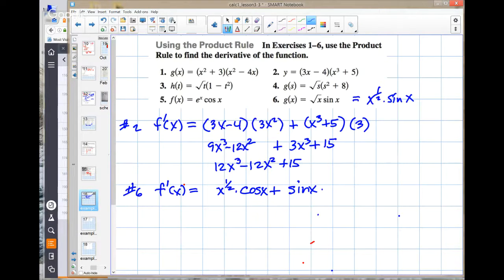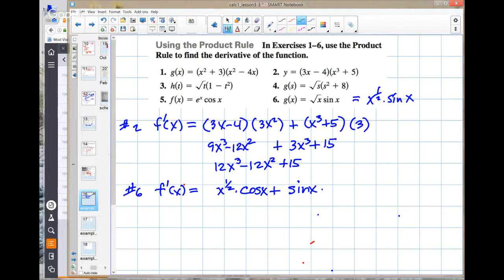Now, what's the derivative of x to the 1/2? Let me do it up here. Let's change colors so we don't get mixed up.